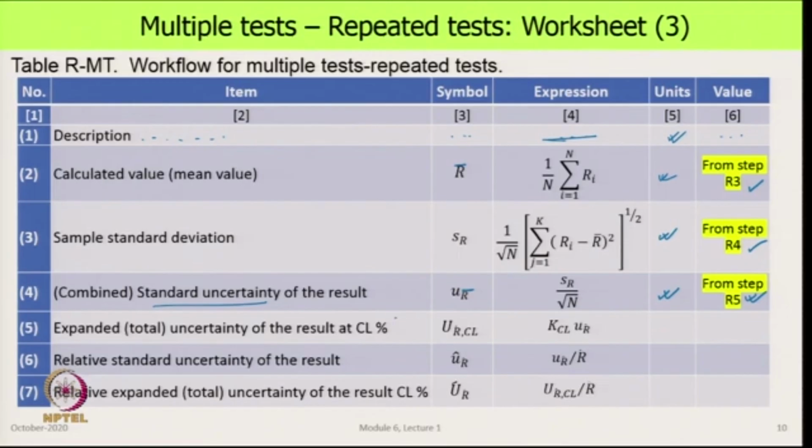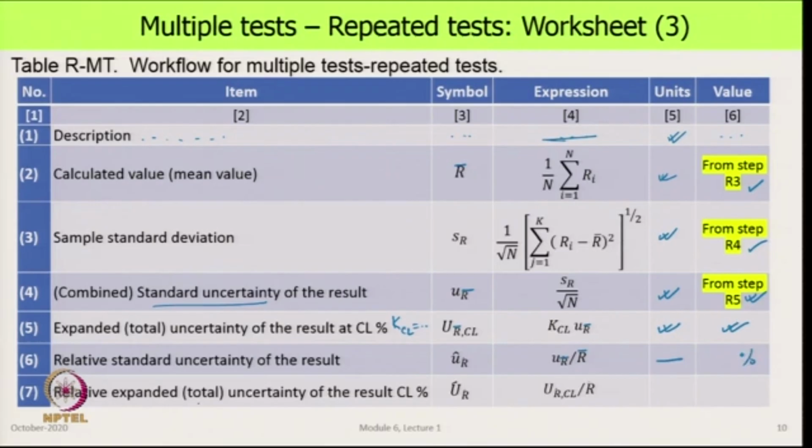Then we decide what is the value of KCL we want, and we make the expanded uncertainty, this is R bar and this is U R bar, multiply the two, units are same, and we can write the value over there. Then the relative standard uncertainty is u r bar divided by r bar, and this has got no units, and we can write the value over there and express it as a percentage if we want that.